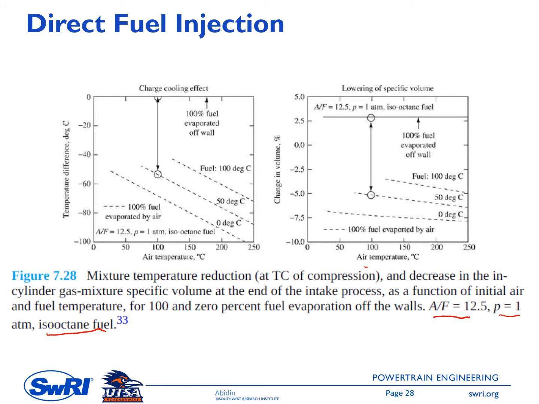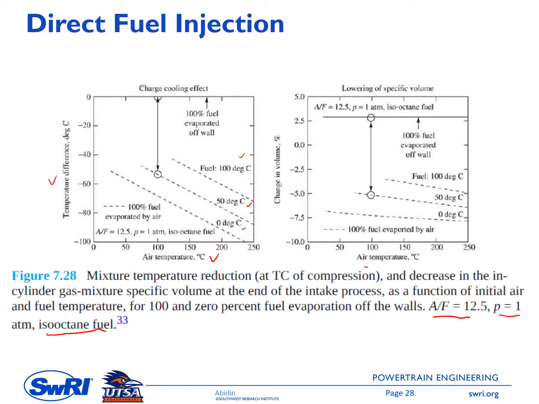Let's take a look at the figure for the temperature difference, the left side figure. On the horizontal axis we have the air temperature, and the fuel temperature is shown by the dashed lines. We have different fuel temperatures here, starting from 0, 90, and 100 degrees C. The vertical axis shows the temperature difference.